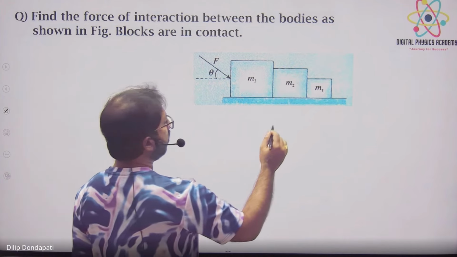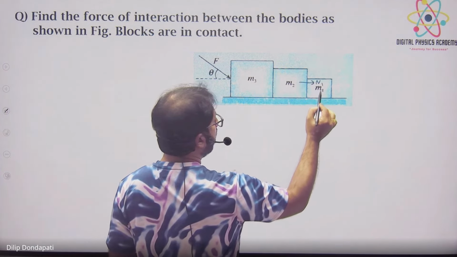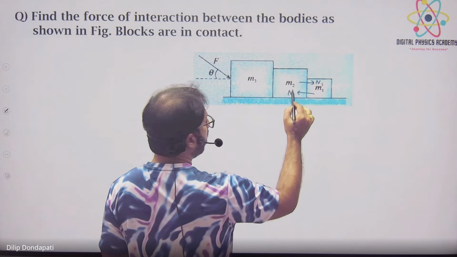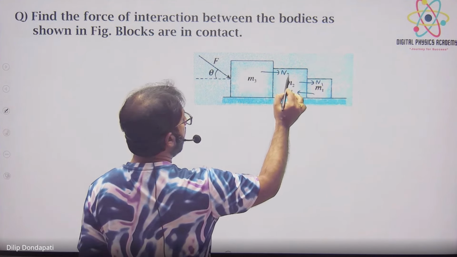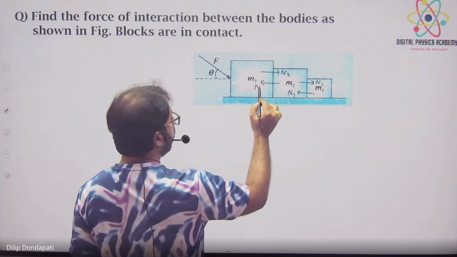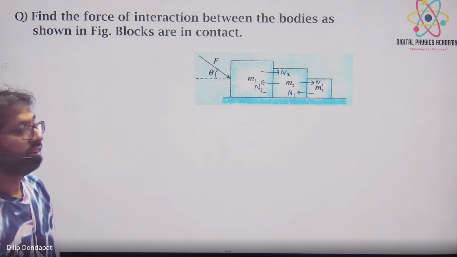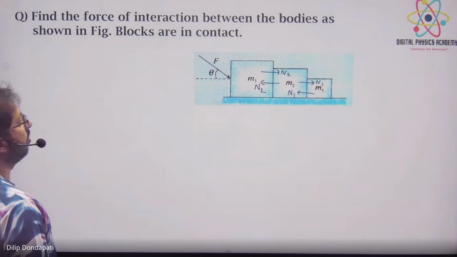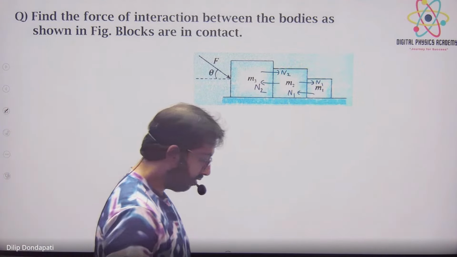So we will draw the normal actions. This body is applying a normal action N1 and this is applying a normal action N1. Similarly, this body is applying a normal action N2 and this one N2. Find N1 and N2.